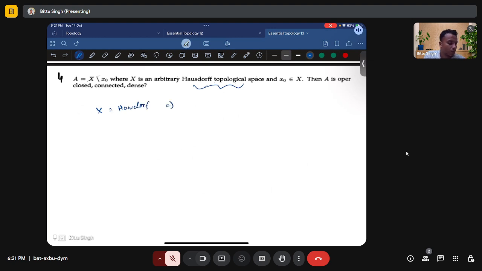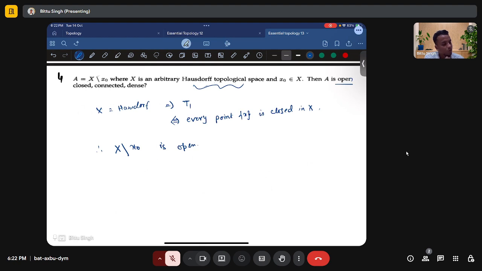Hausdorff means the T2 condition. T2 implies T1, and T1 is true if and only if every point of X is closed, right? So the singleton set {x0} is closed. Therefore, X minus x0 is open. So this option is okay.